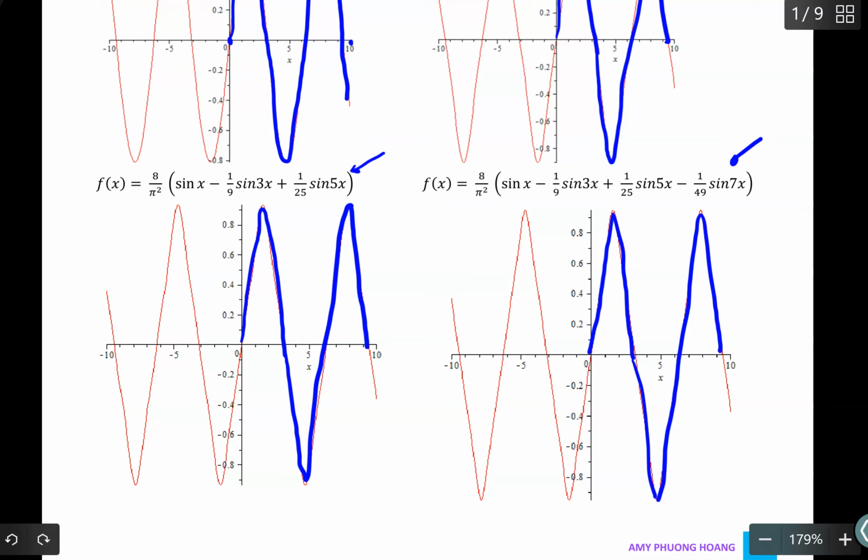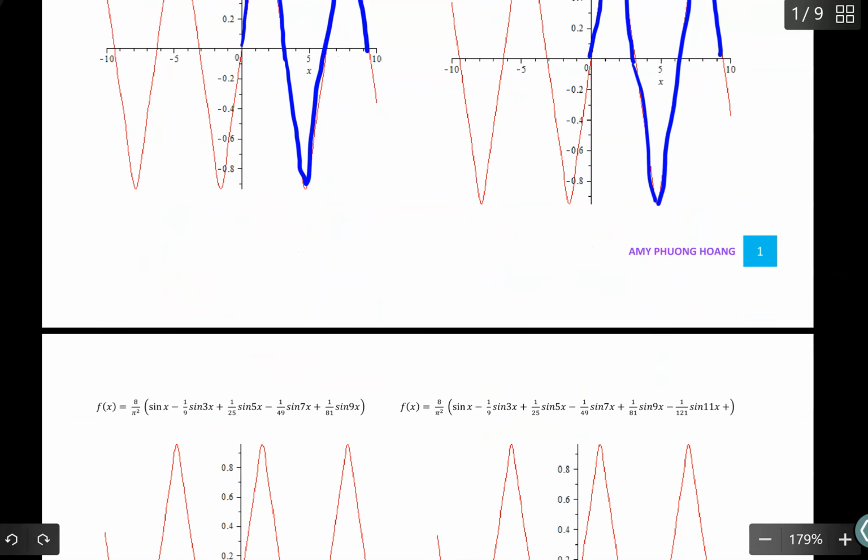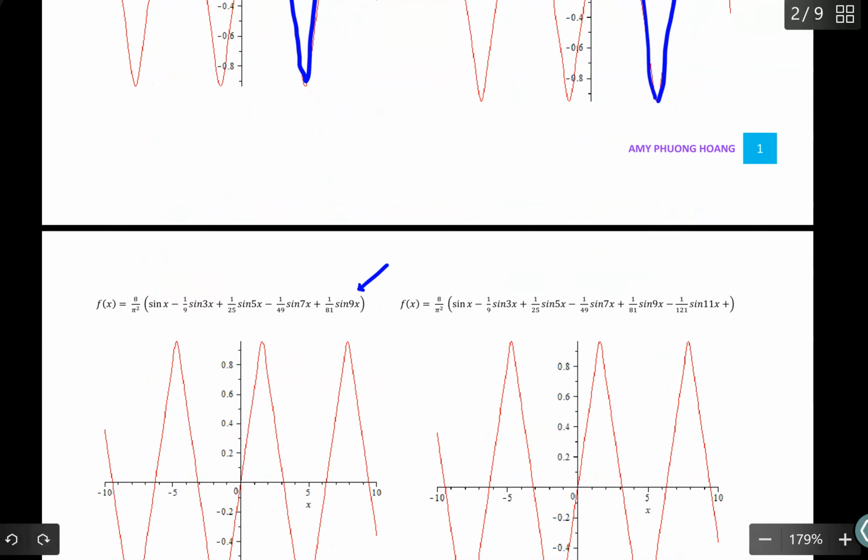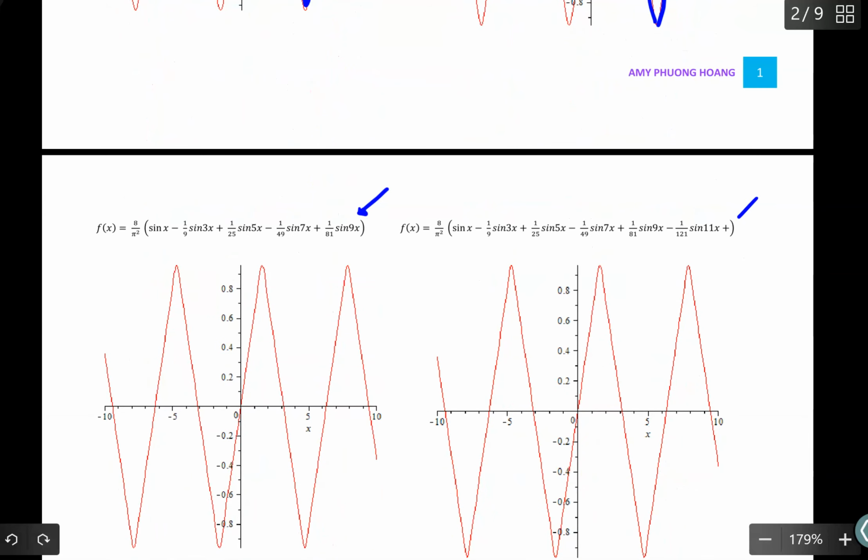So I add one more, and I add another one. I still show you that this is a sine wave in this cycle from 0 to 10, but I hope you realize that it's getting sharper at its top.